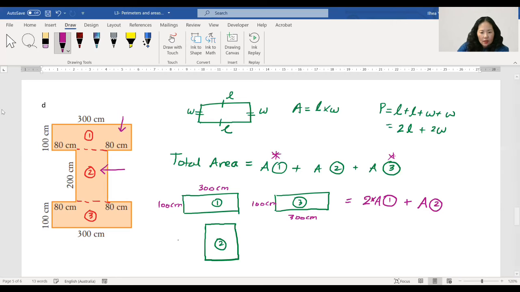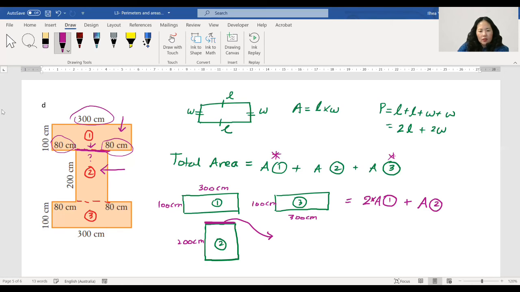That's 200 centimeters right there. And what about these? What's the length for these? That's the question mark we have to find. Now, if you look at it, the whole thing is 300, isn't it? And if I take away 80 and 80 from the 300, I will get this length.